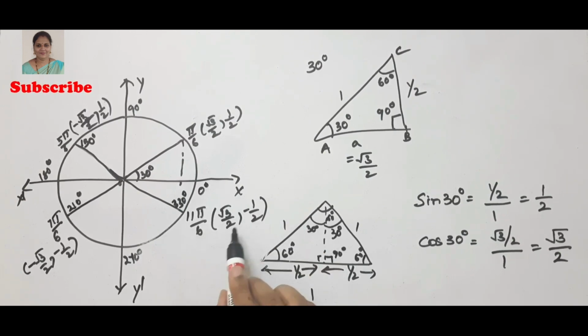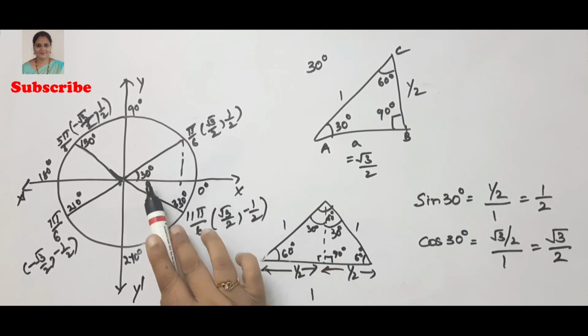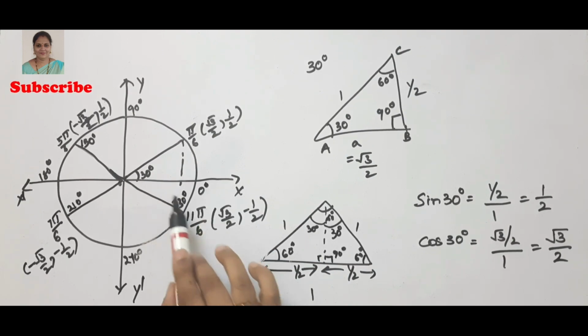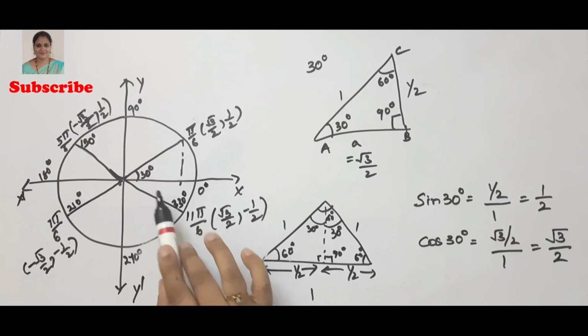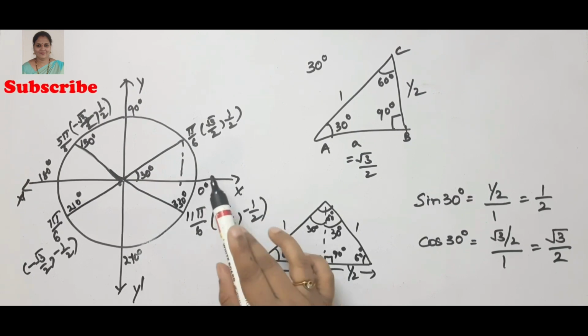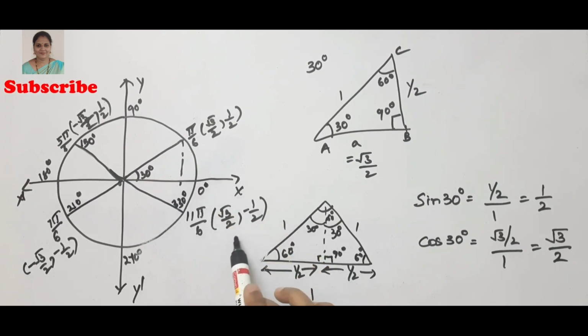The values will be the same, only there is a change in the signs, as we did for 30 degrees. You will get these values. There is only a change in the signs between the values of 30 degrees and 330 degrees coordinates.